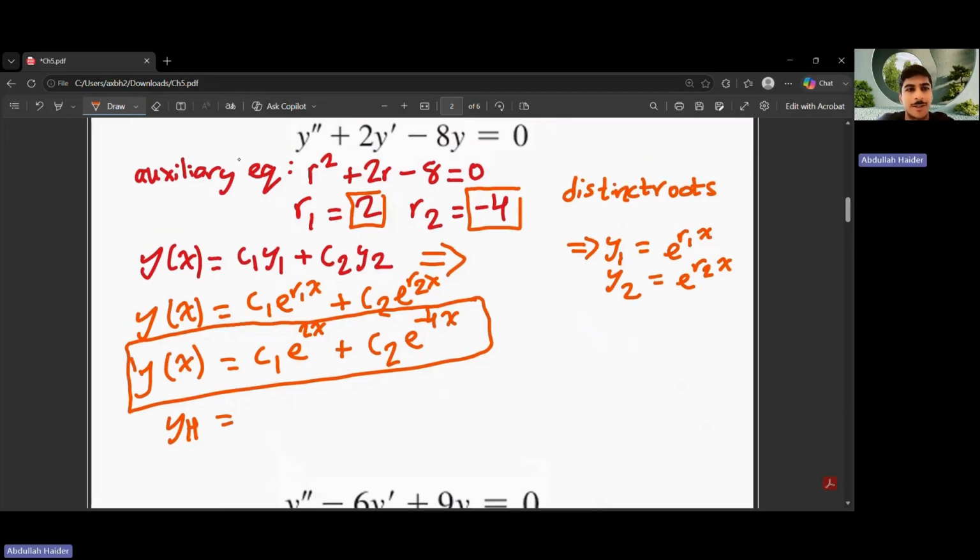Whenever we get the auxiliary equation and we write it in the general form, this is always called the homogeneous solution. For now, I do not advise using y of x, but just to say that we're basically finding the homogeneous solutions to all of these equations, it's better to write y_h equals c1 e power 2x plus c2 e power minus 4x. This is our final answer for this question.